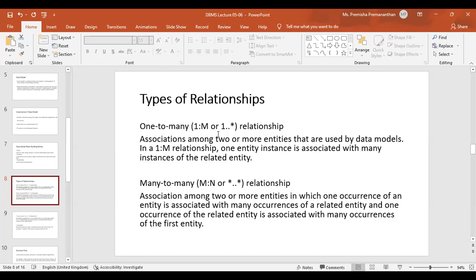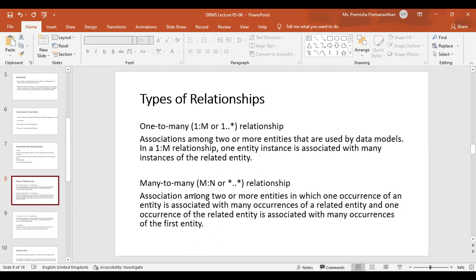One entity instance is associated with many instances of a related entity, like a company produces cars. Likewise, a lecturer teaches students. In here also 1 to many. From my end, only one person, but on your side, you have many, right?